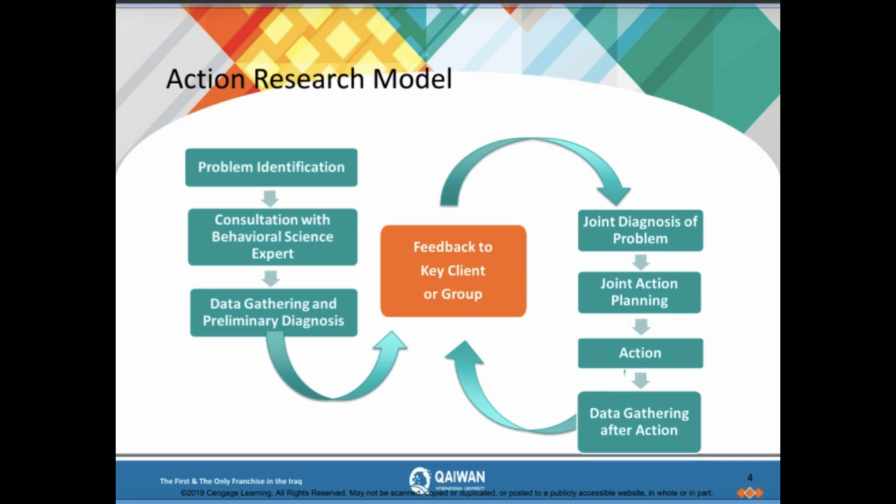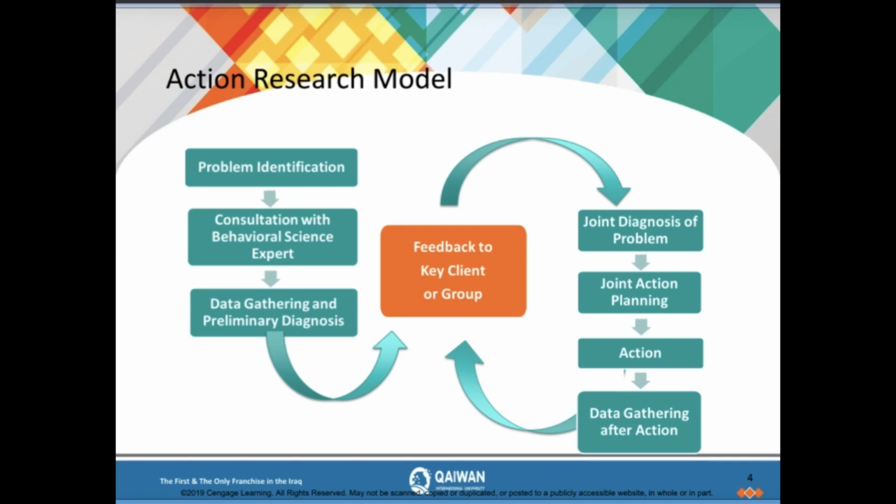This increases trust and reduces resistance. After that, we move to joint action planning. Again, both sides collaborate to develop a solution. This is not imposed from the top. It is shared decision making.